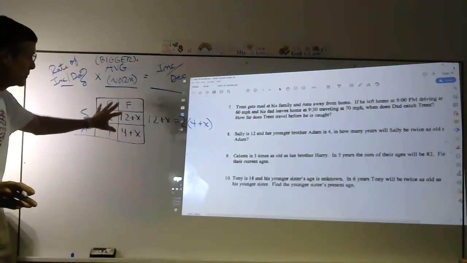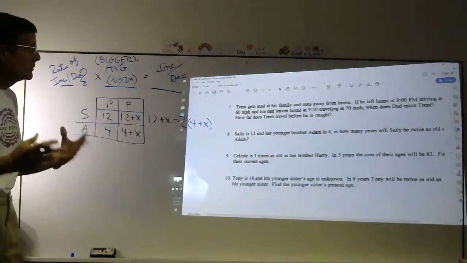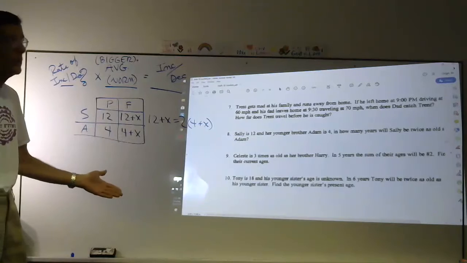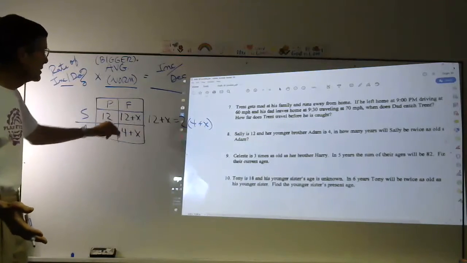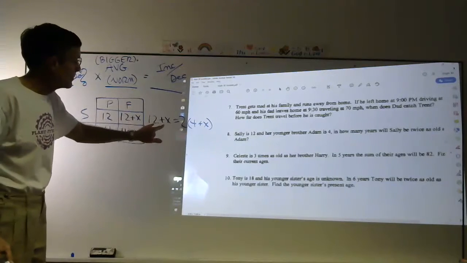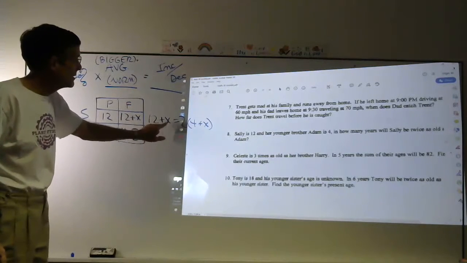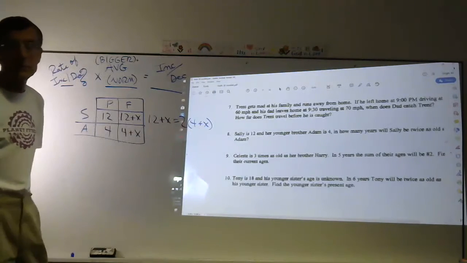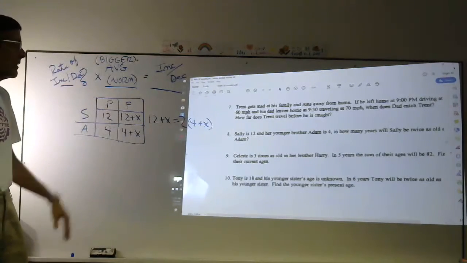Now, people get screwed up in these because they don't do what it says. When you're going in the future, you just add years on. The twicing action has nothing to do with that. When you go to set up your equation, in the future, Sally's age will equal twice Adam's. And it's easy to solve.